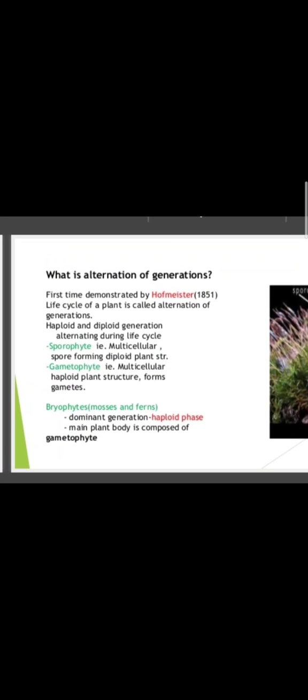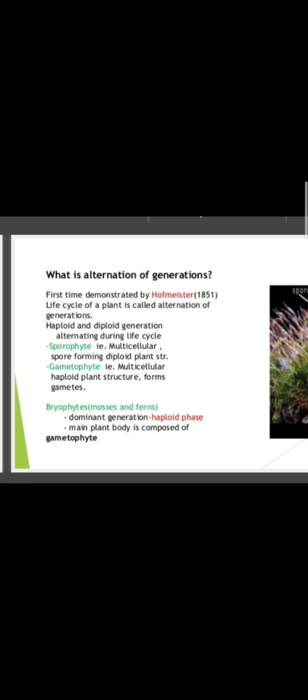So, what is alternation of generation in bryophytes? We will see. The term alternation of generation was first demonstrated by Hofmeister. It is shown by red letter. Who first demonstrated the process of alternation of generation? Hofmeister in 1851.